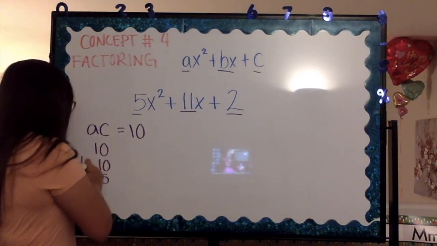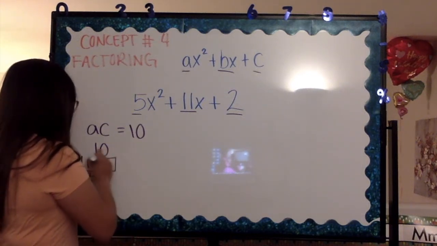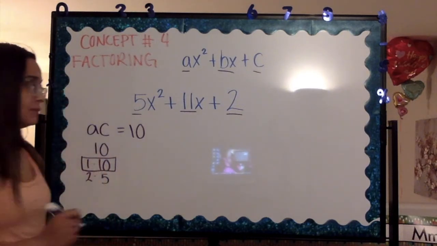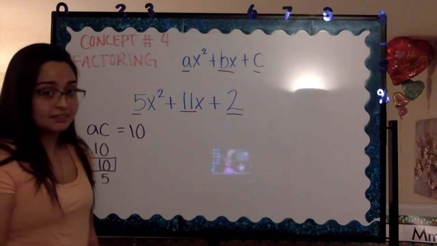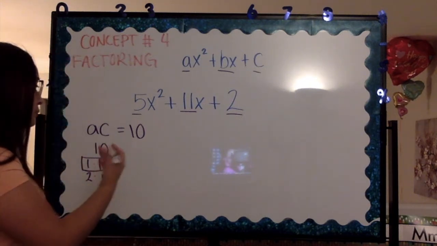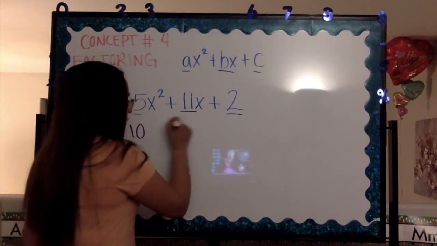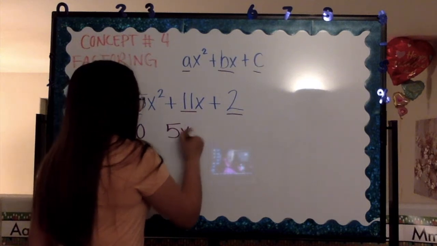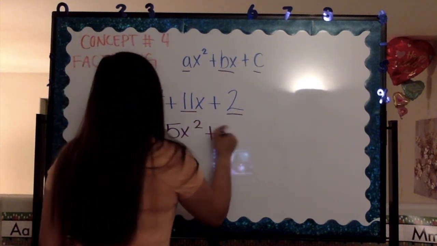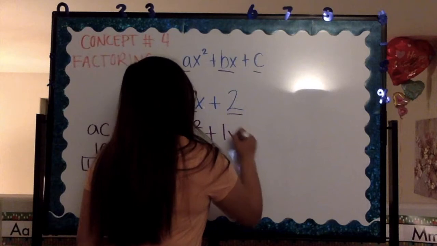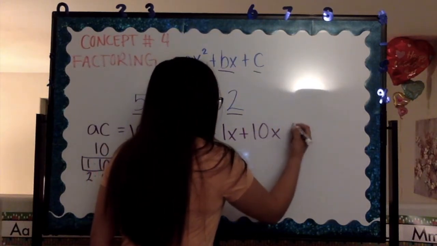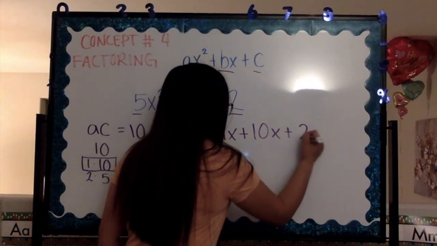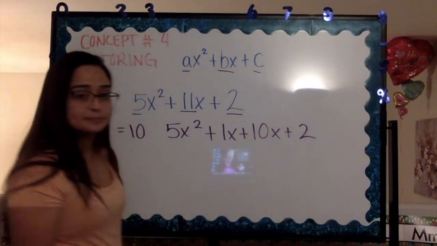So these are the two numbers I'm going to be placing in the middle instead of having 11. So I would rewrite this trinomial like this. Okay?